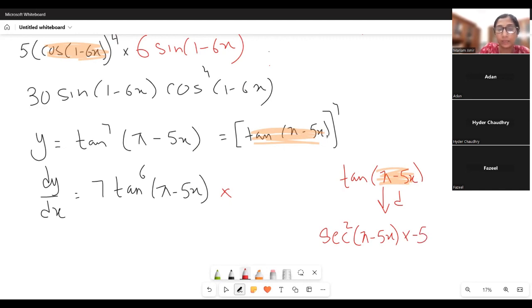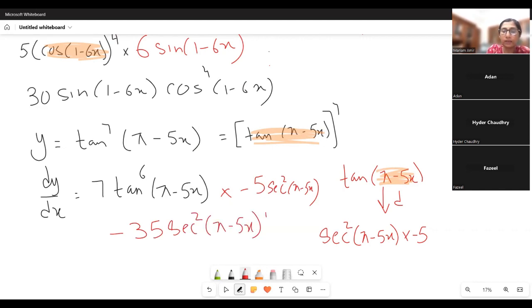So it's going to be times minus 5 secant square pi minus 5x. So it's going to be minus 35 secant square pi minus 5x and tan power 6 pi minus 5x.